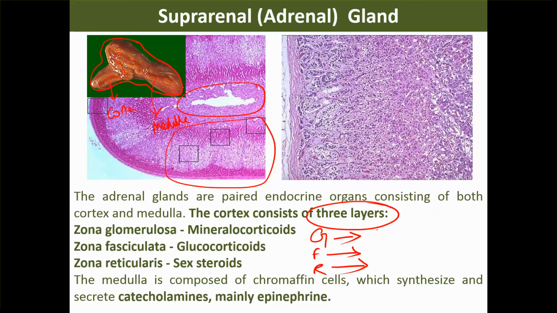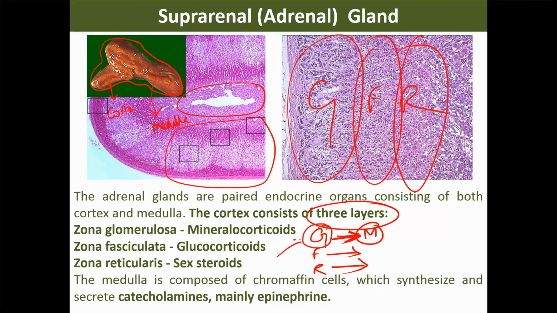The cells in the glomerulosa synthesize and secrete mineralocorticoids, and then there are the cells of the fasciculata and the cells of the reticularis, GFR. What you should know is that glomerulosa cells secrete mineralocorticoids after they are stimulated by ACTH.